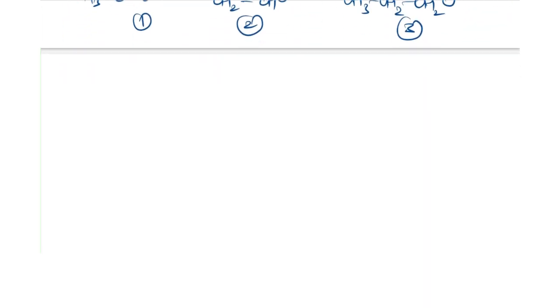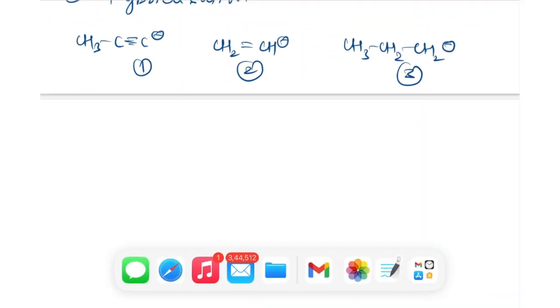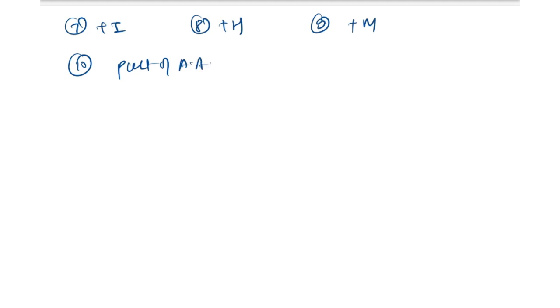After hybridization, the 7th factor that we are going to compare is plus I, 8th factor is plus H, 9th factor is plus M, 10th factor is part of anti-aromatic system. So these are the 10 factors we are going to consider about the stability of negative charge.